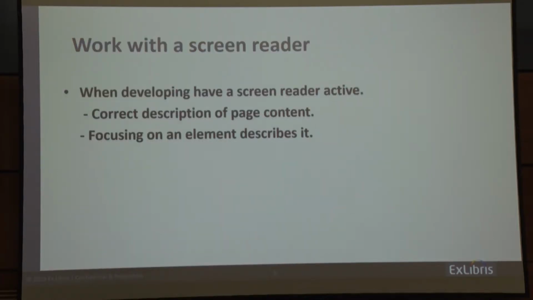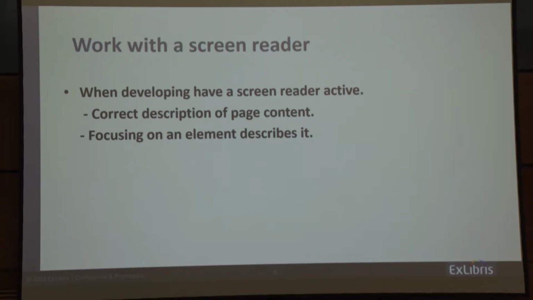So when we're working on accessibility, obviously one of the things we need to do is work with a screen reader, and there are a few of them around. There's JAWS, there's NVDA. Our developers usually use NVDA when they're developing, and we also test in JAWS. We're doing regression tests in the QA, so using both of them to test. When we're using a screen reader, we want to see that we have the correct description of the page content, and what's available for the user to click and do.